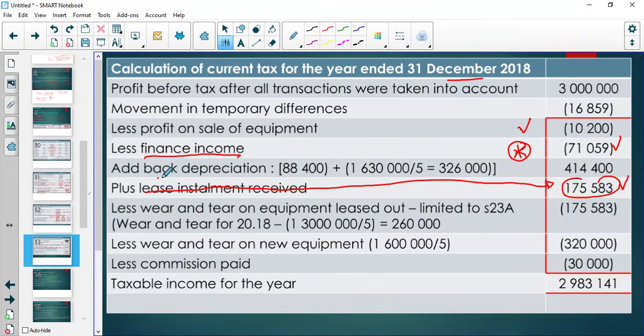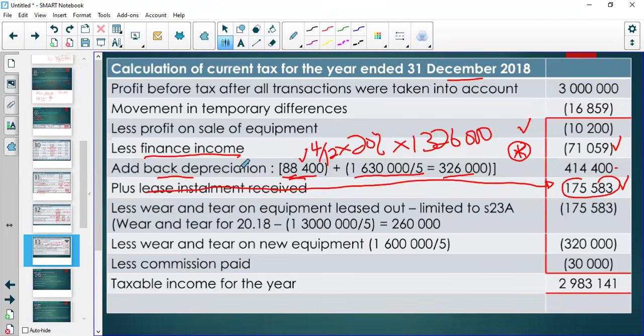Then depreciation. You remember the depreciation of the old one, 88,400 for those 4 months times 20%, which is 1,326. We did calculate this. It was 88 plus the one for the new one, it was 326. If we combine those two, the depreciation would be 414. It was subtracted as an expense.